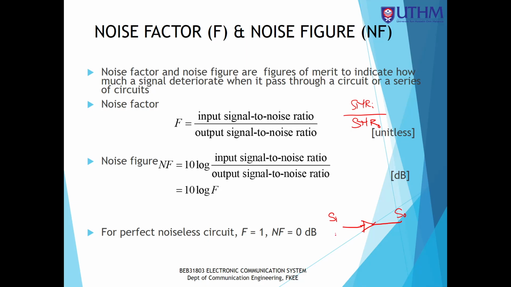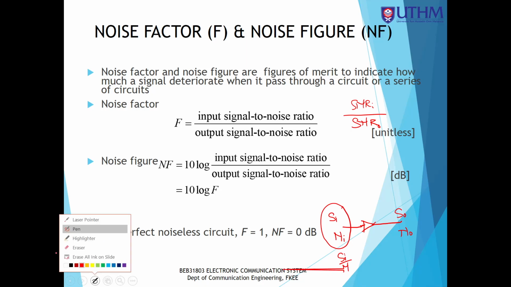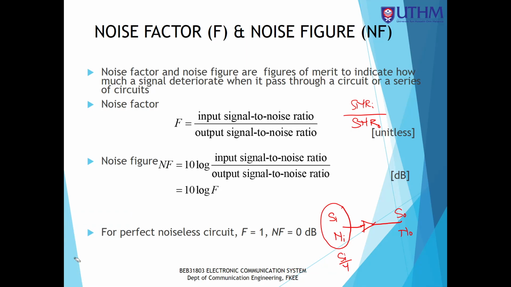We also have the input noise and output noise. Both of these at the input produce input SNR, SI over NI, is equal to the input SNR.